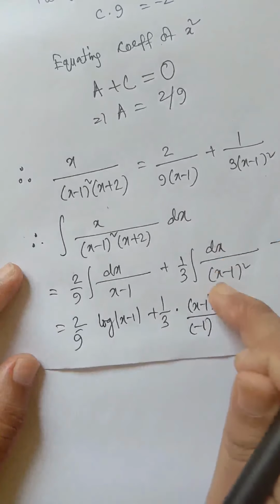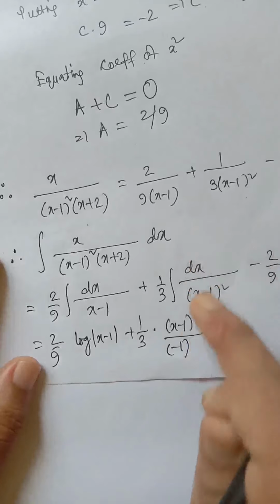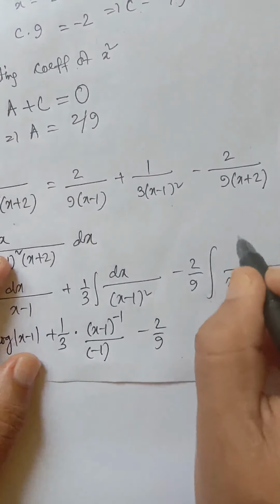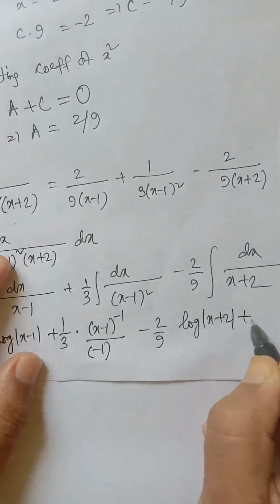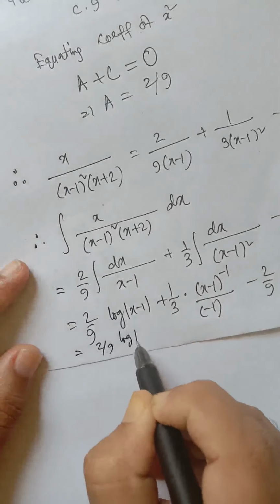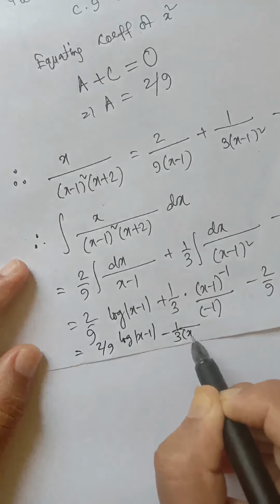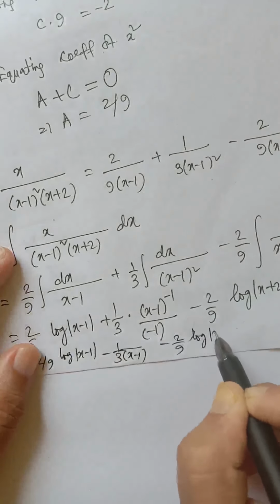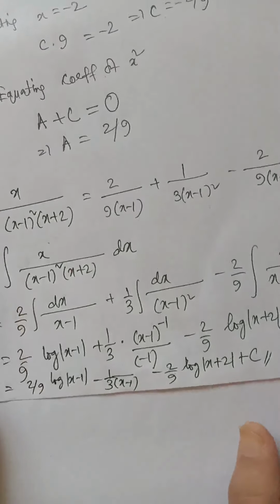For minus 2 by 9, the term is of the form 1 by x, so its integration will be log of x plus 2, plus c. So ultimately, 2 by 9 log of x minus 1, minus 1 by 3 into x minus 1, minus 2 by 9 log of x plus 2, plus c. So this is the solution.